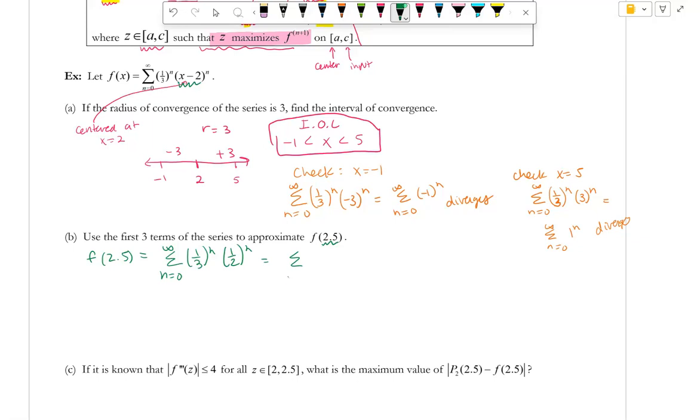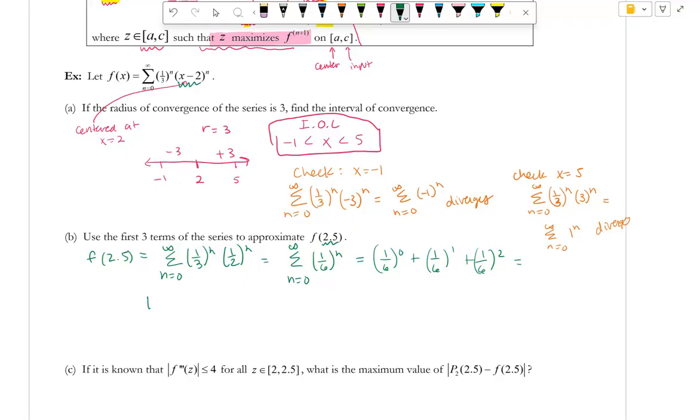And I could go ahead and multiply that, and that would become 1/6 to the power of n. So I just need the first 3 terms. That's 1/6 to the 0 power plus 1/6 to the first power plus 1/6 to the second power.